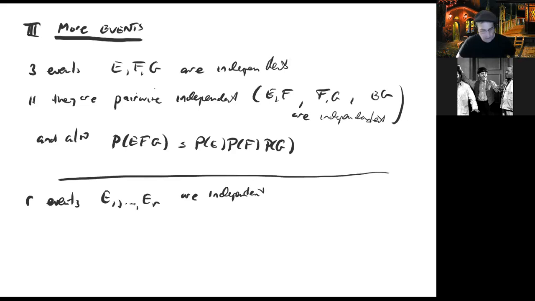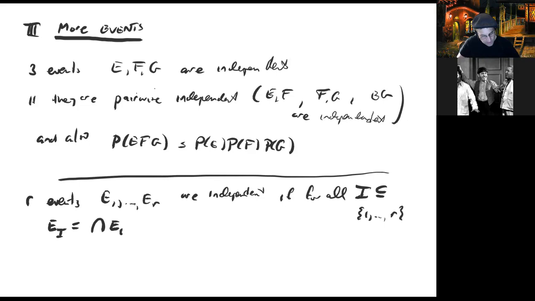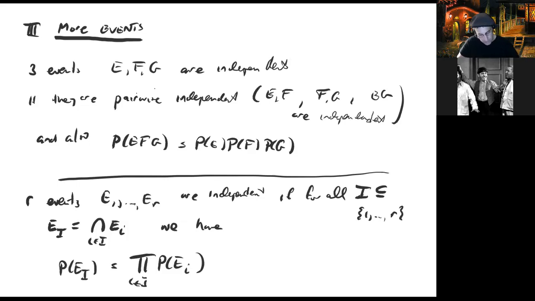So the definition goes like this: if for all subsets I contained in the set 1 through R, we define E sub I to be the intersection of the E sub i where i ranges in the subset, and the following condition holds, that the probability of E sub I equals the product of the probability of each of the E sub lowercase i's, where i is in I. So this is the condition.